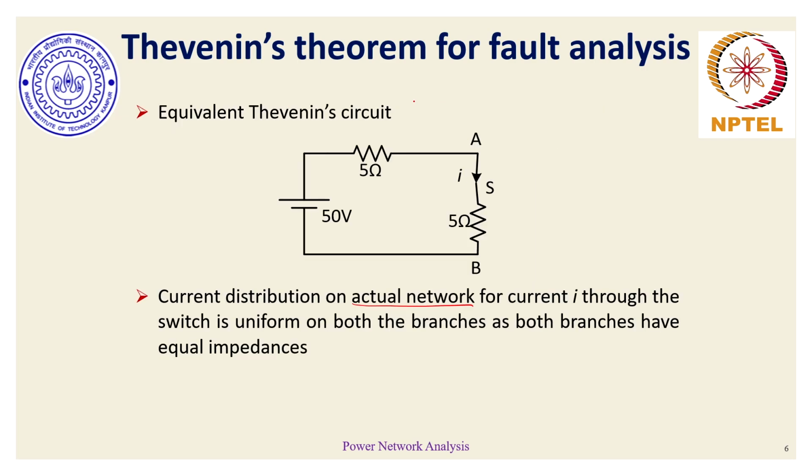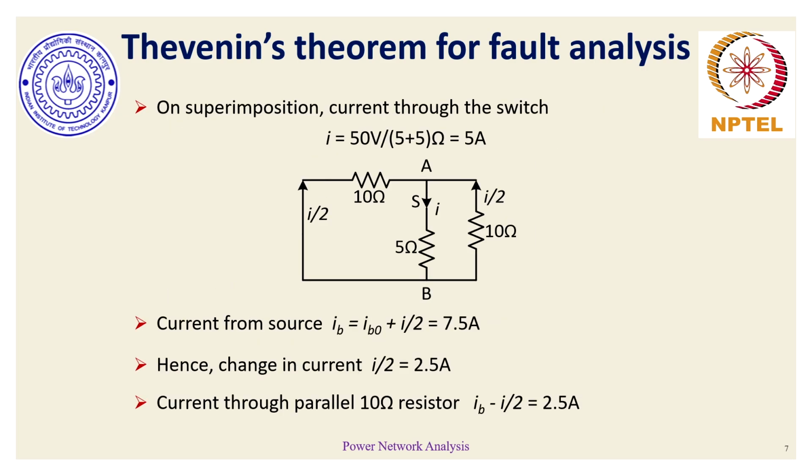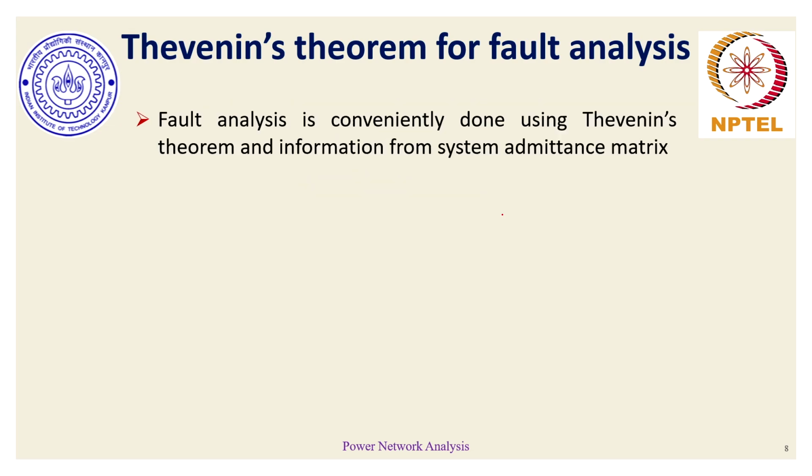So that means by current distribution, I can easily find the new change in currents, because when the switch is now closed, the new change in currents can be obtained through Thevenin's theorem, and then those results could be superimposed on the pre-fault condition, where the switch was still open, and correspondingly find my new current: 7.5 amperes, 5 amperes in the switch, and 2.5 amperes through the 10 ohm resistance.